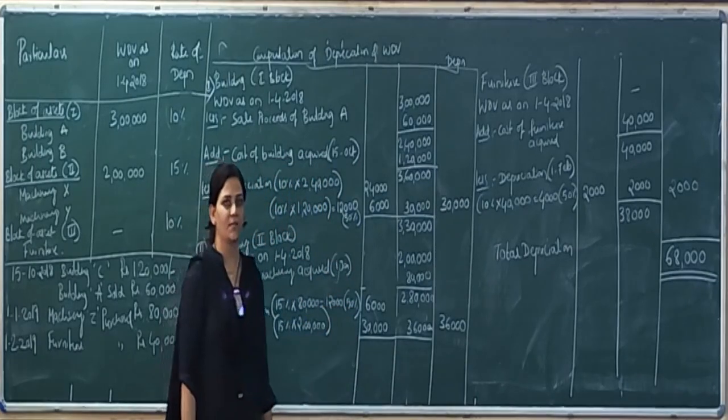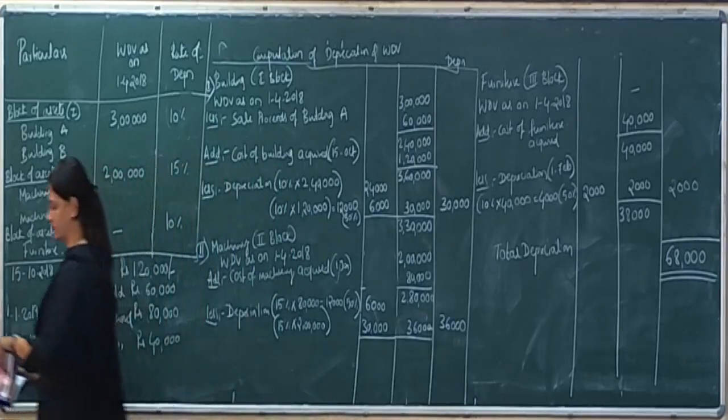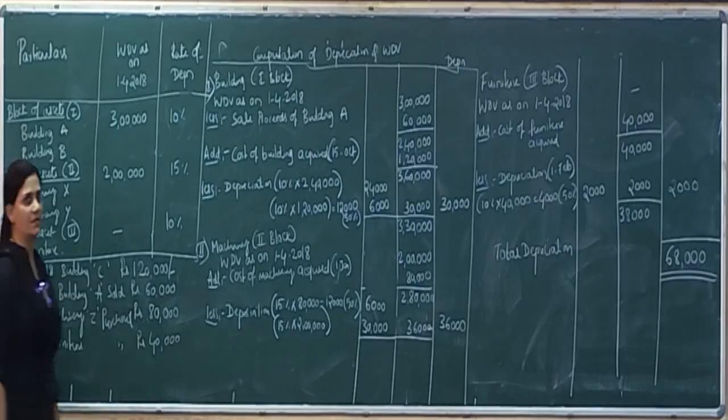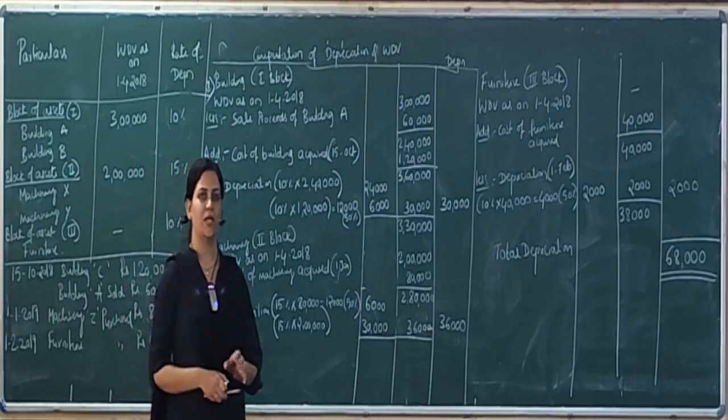So our total depreciation of all the blocks of asset comes to 68,000. Okay, so now I hope you are clear with this problem.